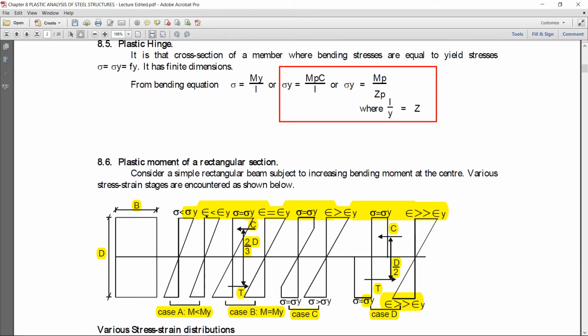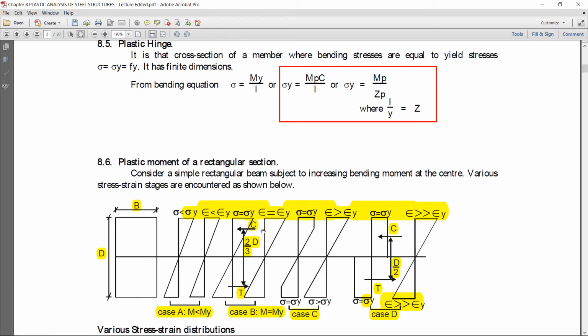Similarly, strain is less than yield, and since strain is a linear parameter, the strain profile will remain as it is. Now the second condition, case B, is when the moment reaches My, that is, the extreme fiber stress reaches the yield point.